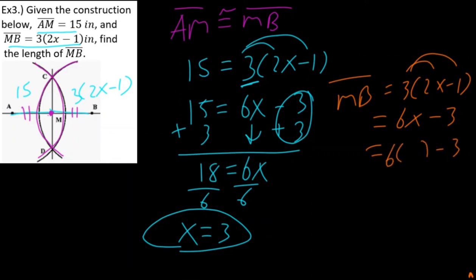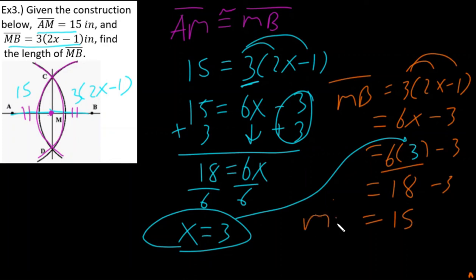Remember, we always change our x to a parenthesis first. We can plug in x, and of course now we can finish this off. We can say that 6 times 3 is 18 minus 3, and 18 minus 3 would of course be 15.